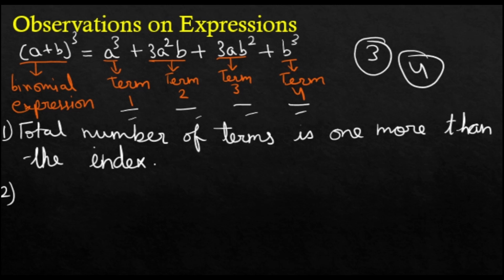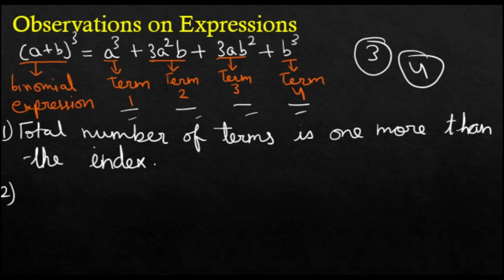Second, in all the expansions, it is clearly visible that the power of A goes on decreasing. Here we have 3, here we have 2, here is 1 and no A at all.